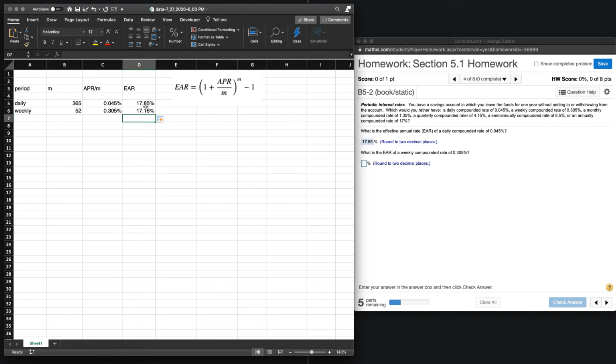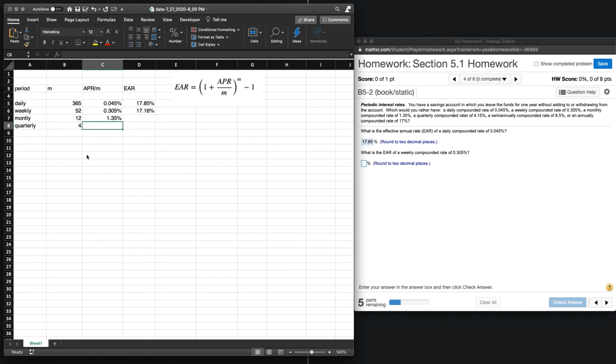And we can continue. So next is monthly. Okay, so in a month, it's going to be 12 times compounded, okay? And our monthly rate is 1.35%. Let's just move on. Quarterly. Okay, so quarterly is going to be 4 times in the year. We have it 4.15%.